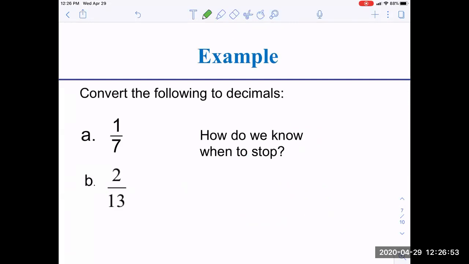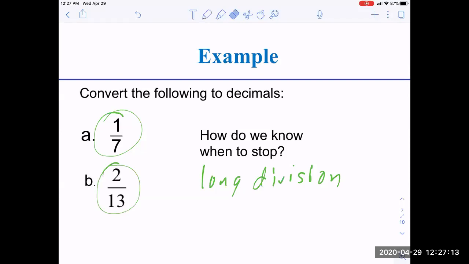So we're going to do long division. I think I did something with sevenths in class the other night. I'm going to do this one.